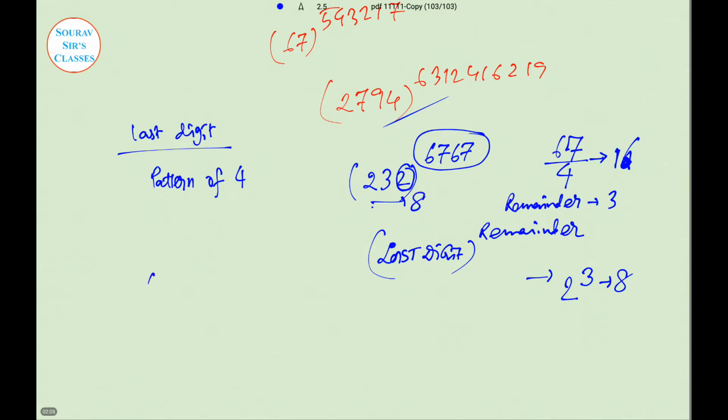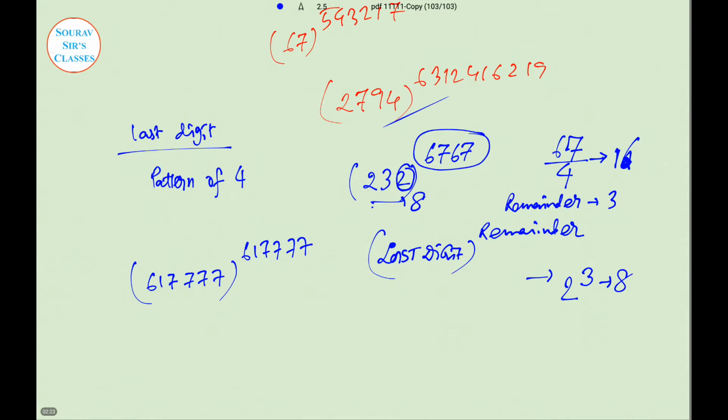Think about any other expression. 61777777 whole to the power the same number. So here also, you just divide the last two digits by 4. Now just see what is happening.